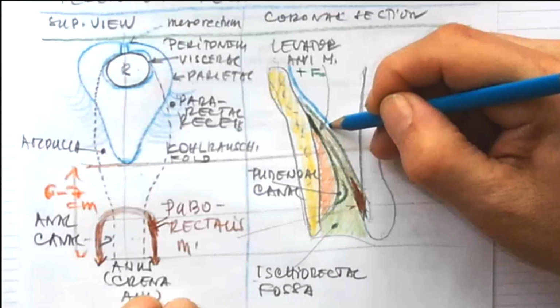So we are in the depression called the rectovesical pouch, this is blue, rectovesical pouch. No? Okay.